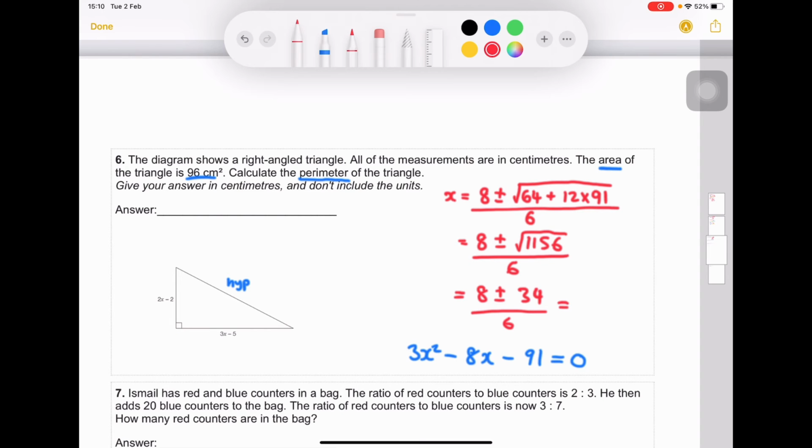So our two answers will be either 42 over 6 or negative 26 over 6. I already know that it cannot be negative, and so our x value will be 42 over 6, which is 7.